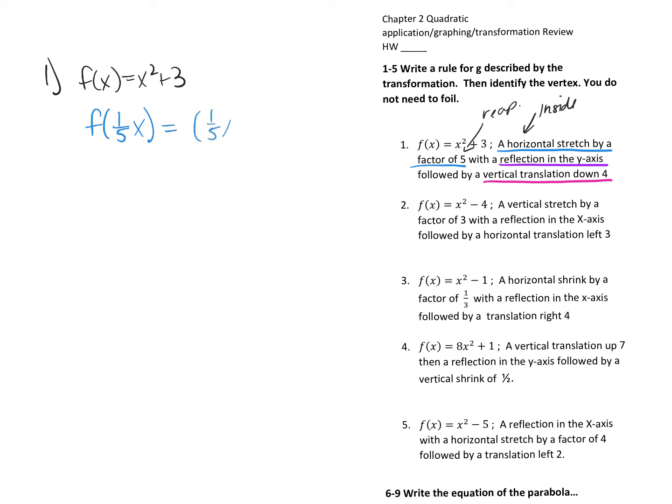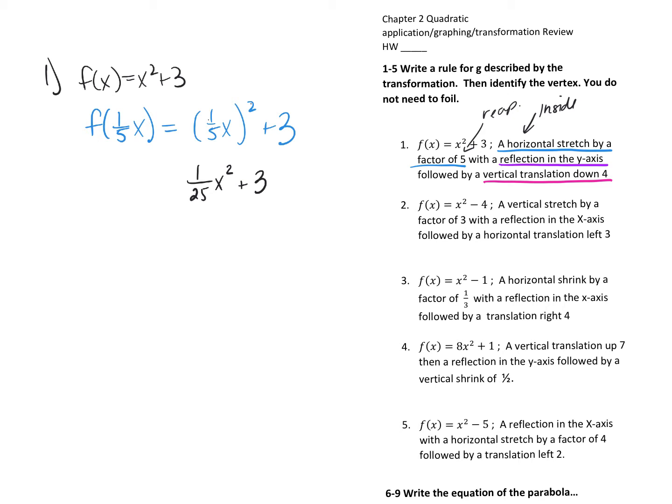So (1/5 x) squared plus 3. Then I can perform the square. 1/5 x squared: 1 squared is 1, 5 squared is 25, x squared plus 3. The x still has a square on it. I don't know what x squared is, so I have to keep that square there. The square goes away off of the 1/5 because I did the square.